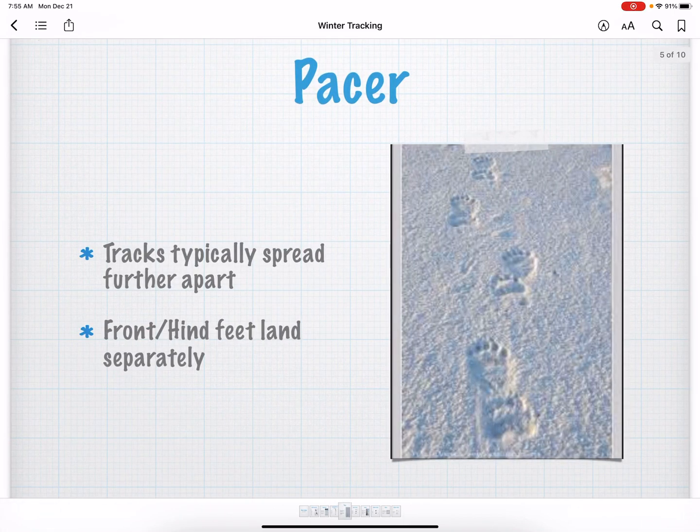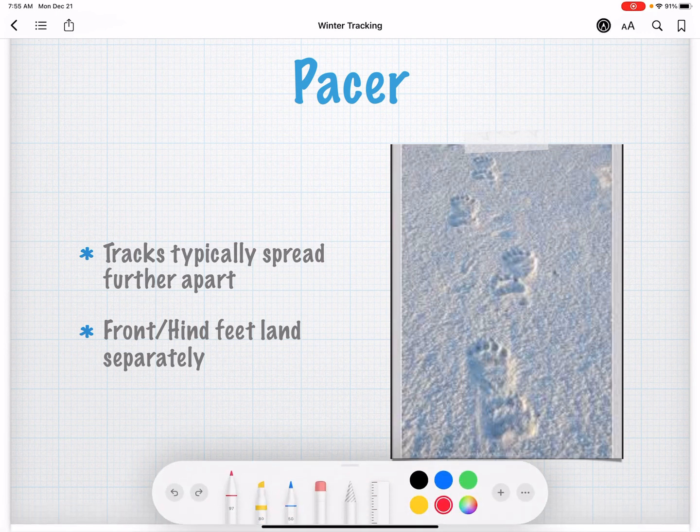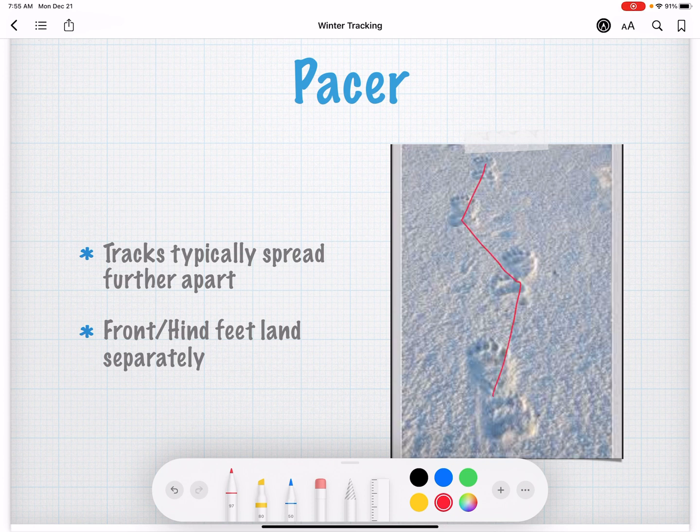Skipping ahead, let's talk about pacers. These ones are kind of neat in that they're not nearly as efficient looking in their track patterns as a diagonal walker. They have almost that diagonal pattern, as you could see with these tracks in the snow here. If we draw a line between them, it's kind of diagonal in shape. But if you look, we have a front paw with a hind paw that landed in front of it.